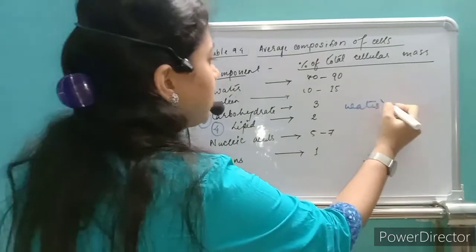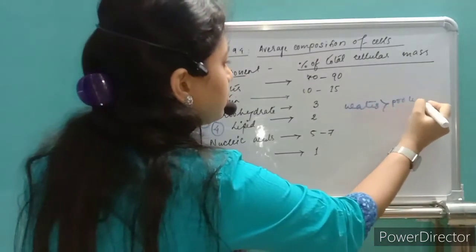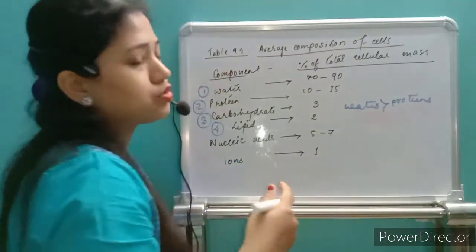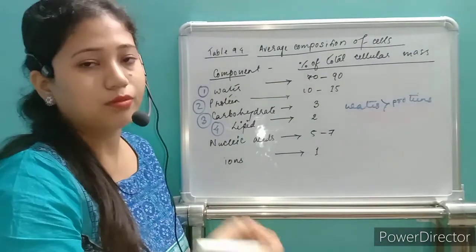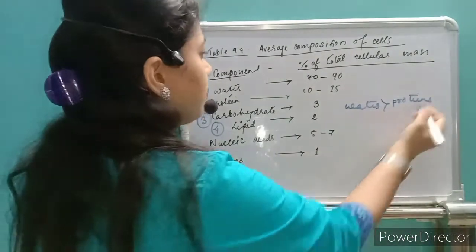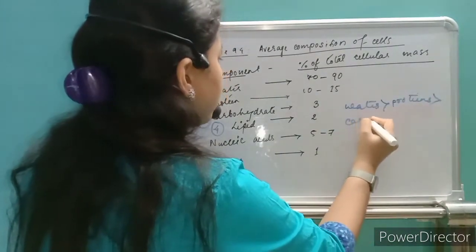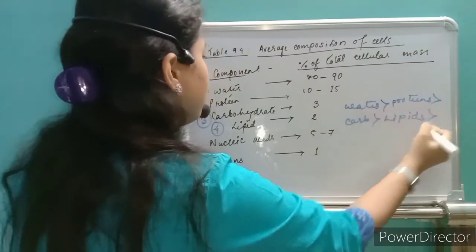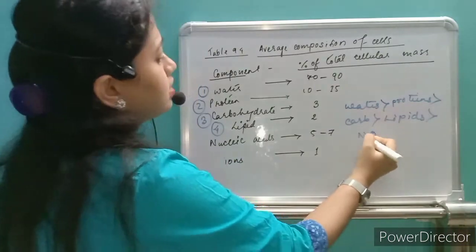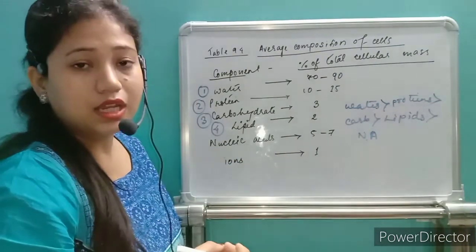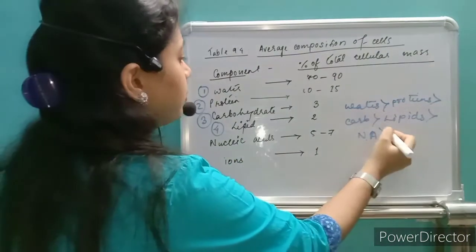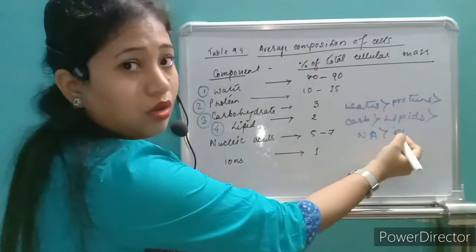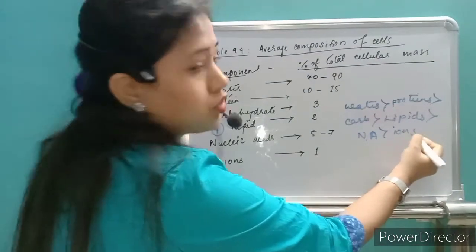Then after that we have the proteins, different proteins we produce, we synthesize, and we get from the food also. After that we have the carbohydrates, then the lipids, and then the nucleic acids. The nucleic acids are our DNA and RNA, and then we have different ions. In our body we have different ions too.